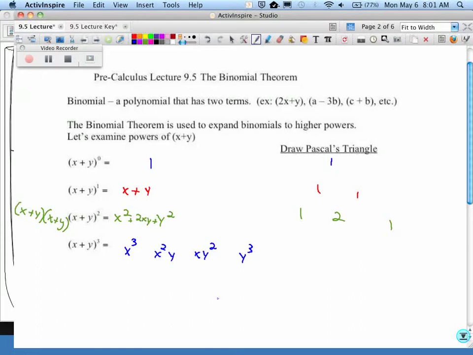What would the missing numbers be? It might be a little early to see it in Pascal's triangle, but if you work with Pascal's triangle, that pattern is easy. That pattern is going to go 1, 3, 3, and the 1. So that is your next one when you have x plus y cubed. So it goes 1, 3, 3, 1.